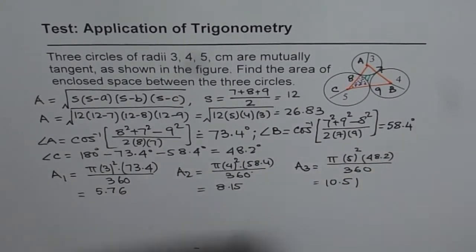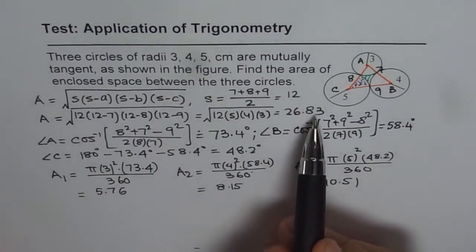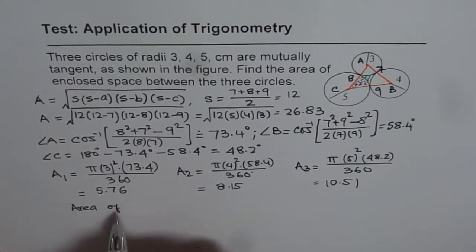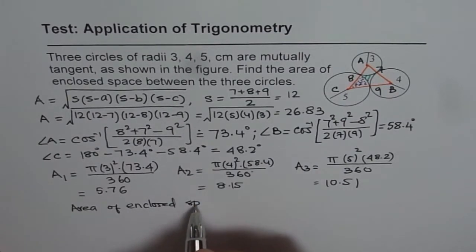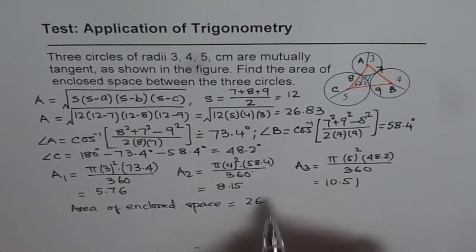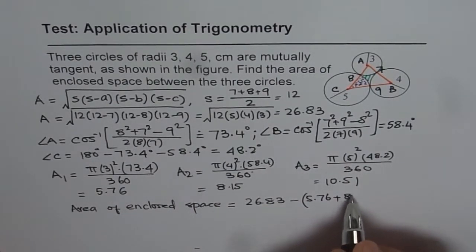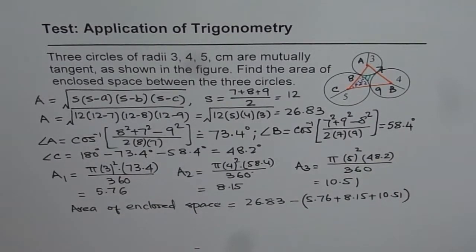Right? So the total area of sectors is A1 plus A2 plus A3. The area of the triangle is 26.83, right? So the area of the enclosed space is equal to the area of the triangle, which is 26.83, minus the sum of these three, which is 5.76 plus 8.15 plus 10.51, correct? So let's calculate this one now.